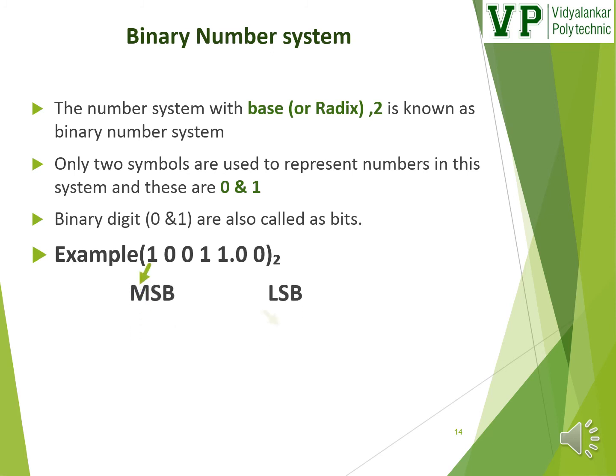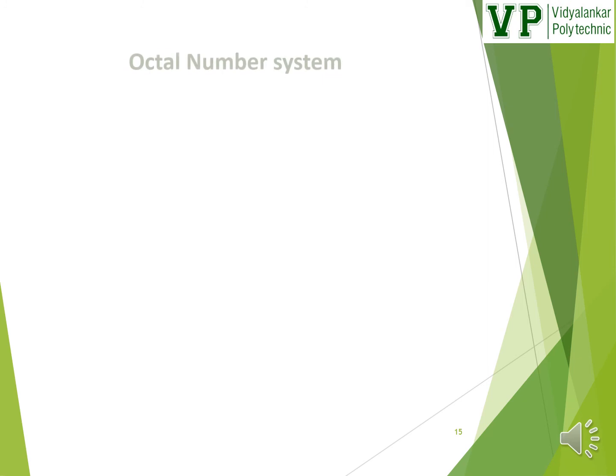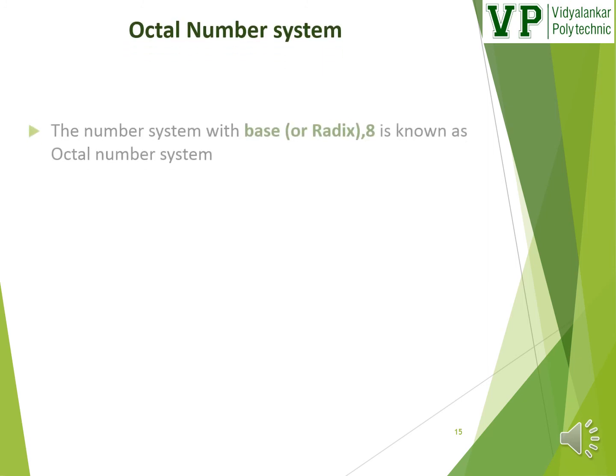For example, 10011.00, where MSB and LSB exist. As I have explained, LSB is fixed and MSB changes.